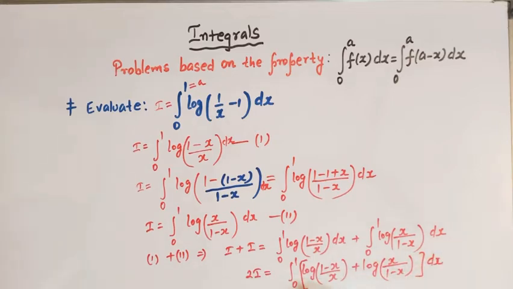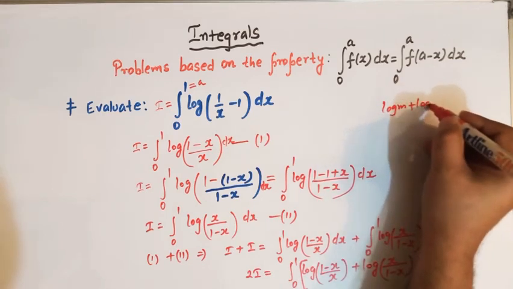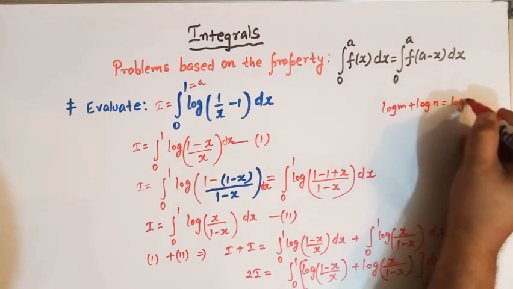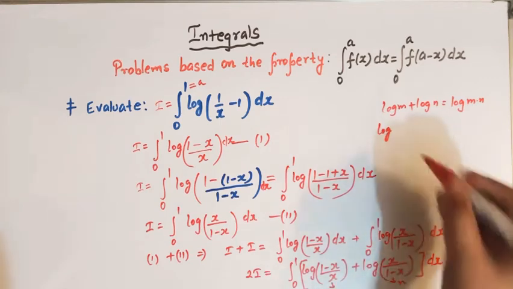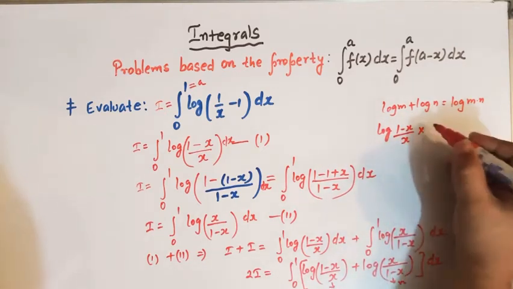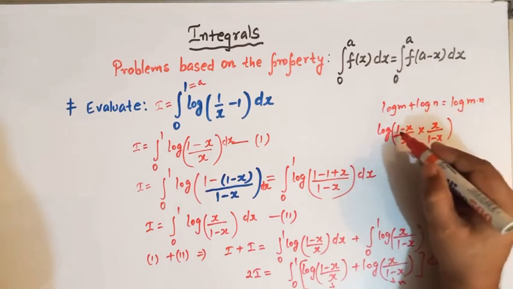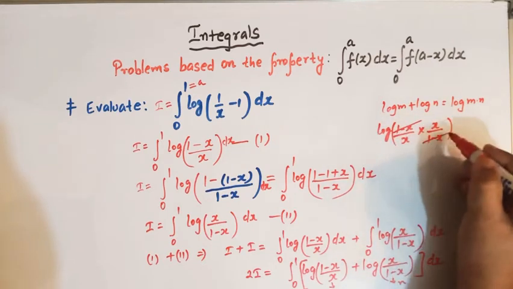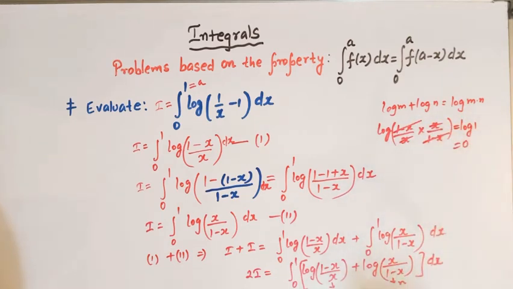Now again we'll apply the same rule, that is log m plus log n is equal to log m multiplied by n. So log((1 minus x) by x), this is m, this is n, so we have log of (1 minus x) over x multiplied by x over (1 minus x), right? So 1 minus x gets cancelled, x and x get cancelled, so we have log of 1, that is 0, right?